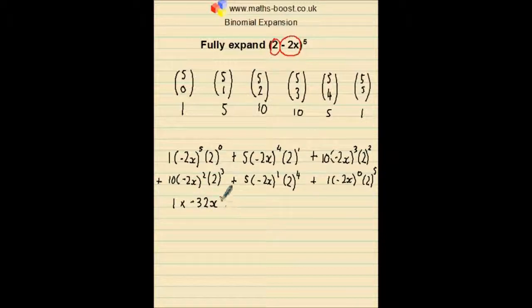Avoiding that common pitfall, I've realized that I need to take minus 2 to the power of 5 as well as x to the power of 5.